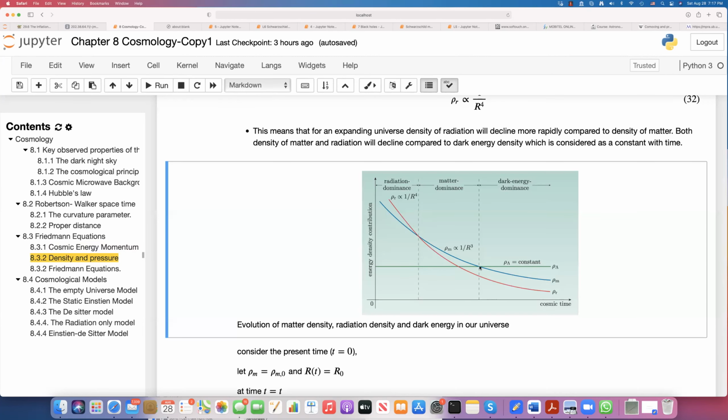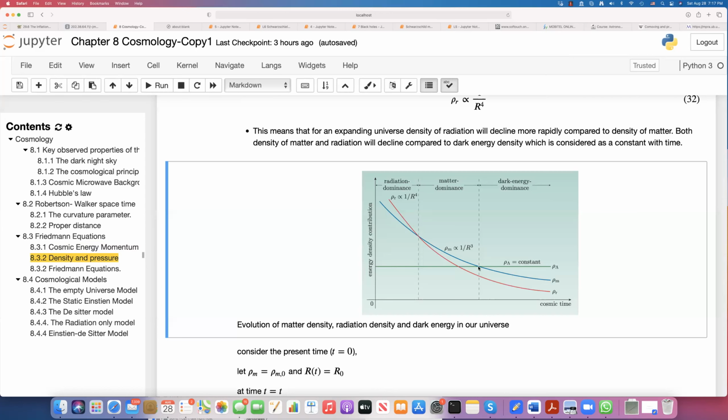Up to this particular point, radiation density is dominating, and after that point up to here, matter was dominating the universe. And then after this particular point, matter continues to go down, but the dark energy term is there, right?